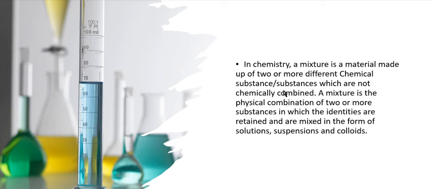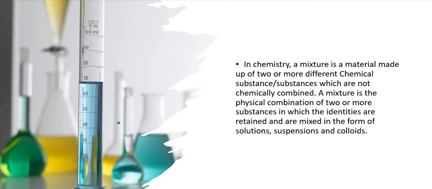So it is impure, and the substances are not chemically combined. A mixture is the physical combination of two or more substances in which the identities are retained and are mixed in the form of solutions, suspensions, and colloids.